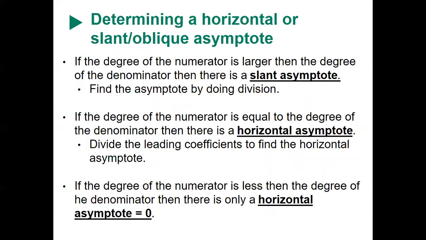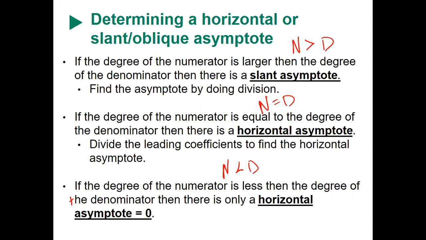All right, so these are the rules that you follow. I'm going to stop talking and give you a moment to write them down. My shorthand for numerator degree and denominator degree is n and d.